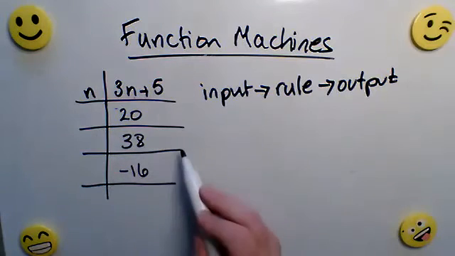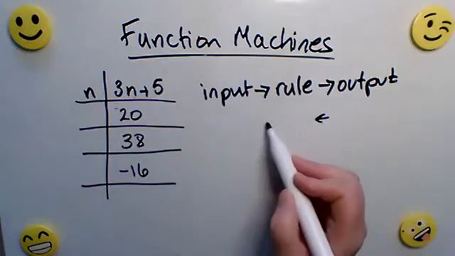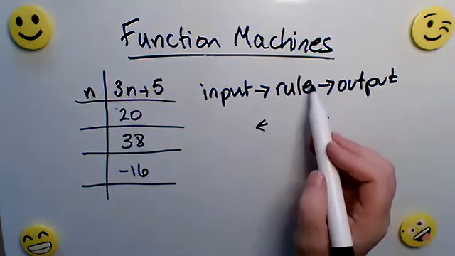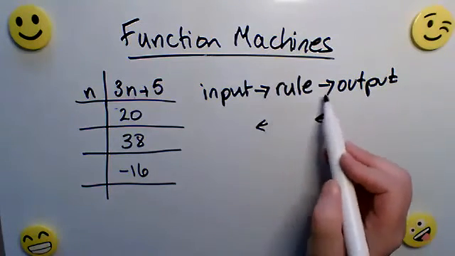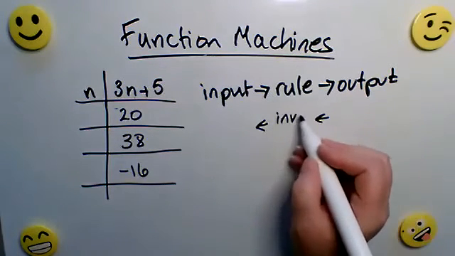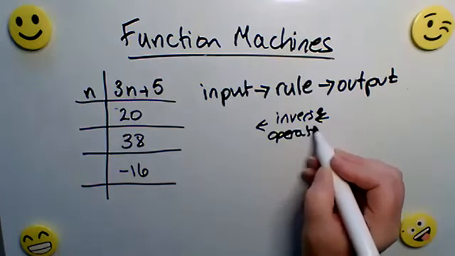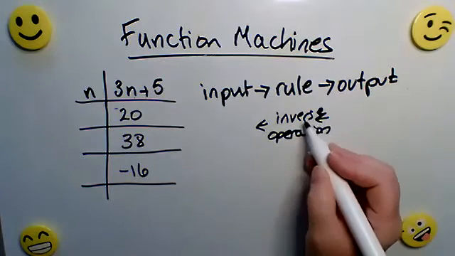Okay, to go through these answers, we're taking the output and then we're going to reverse this process. So we've got to undo all these rules, and we undo them by using the inverse operation. So we do the opposite.